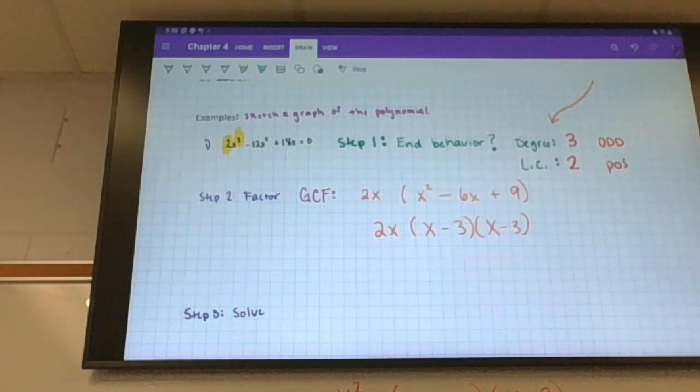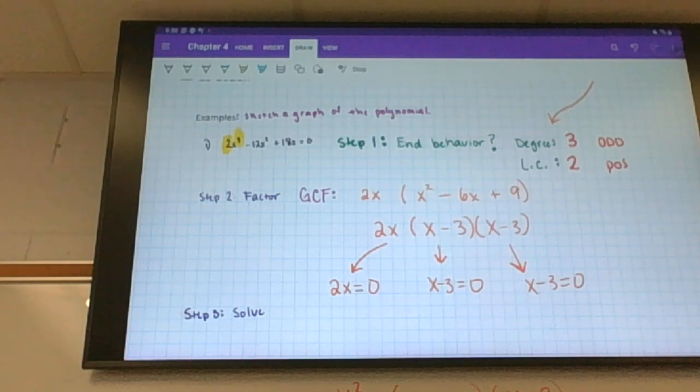So I'm going to do 2x equals 0. X minus 3 equals 0. And I really don't need to do it again. So actually, x minus 3 has a multiplicity because it's the same thing twice.